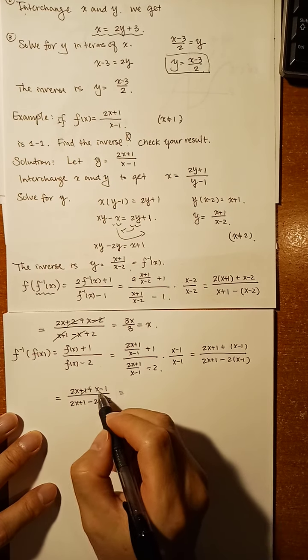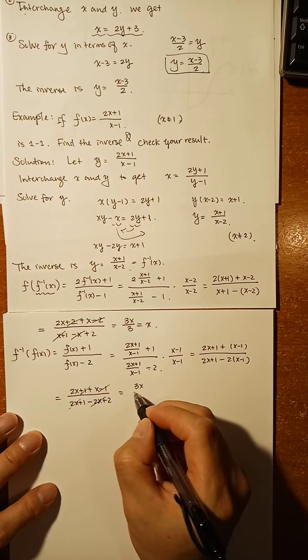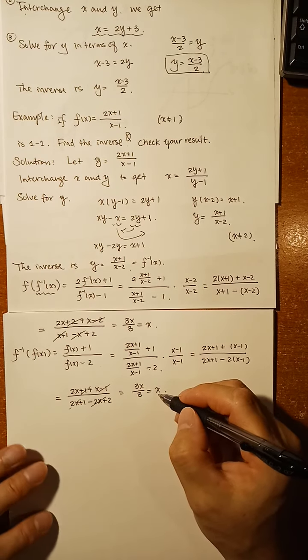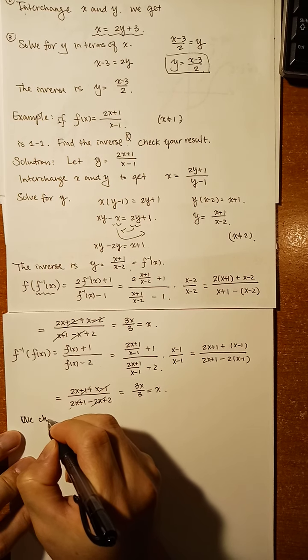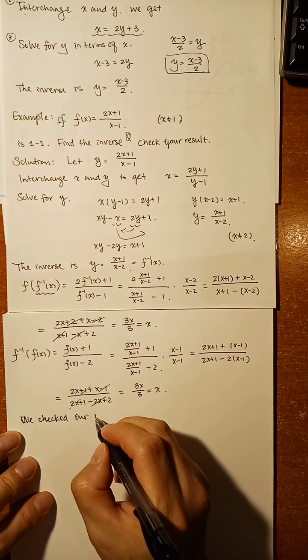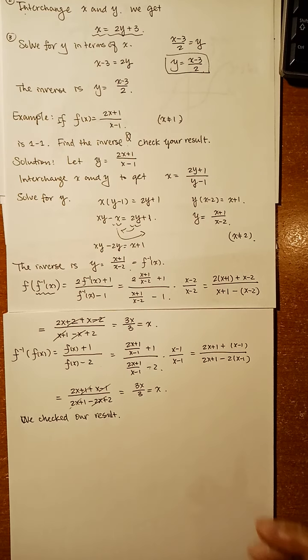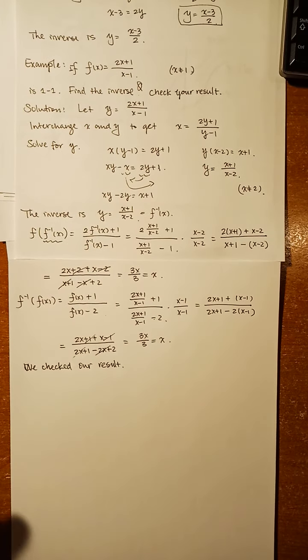So 1 minus 1, 2x minus 2x. So you get 3x over 3, the same x. After you finish this, we checked our result. These two conditions guarantee that our computation is correct.